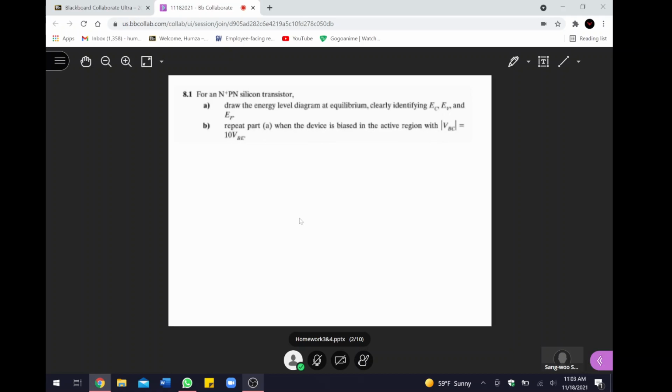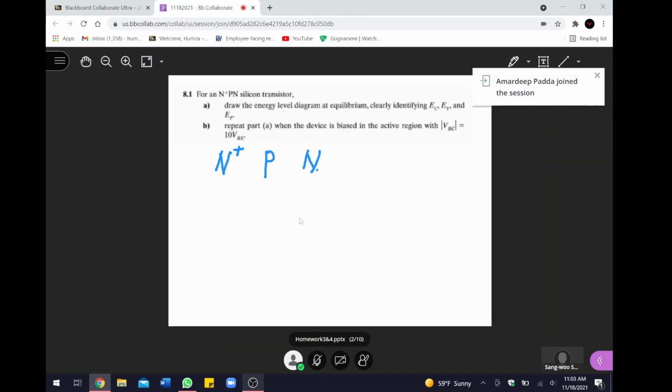Keep in mind that when you draw the energy band diagram you need to show the relative doping concentration. Let me put down this is an N plus P N BJT.